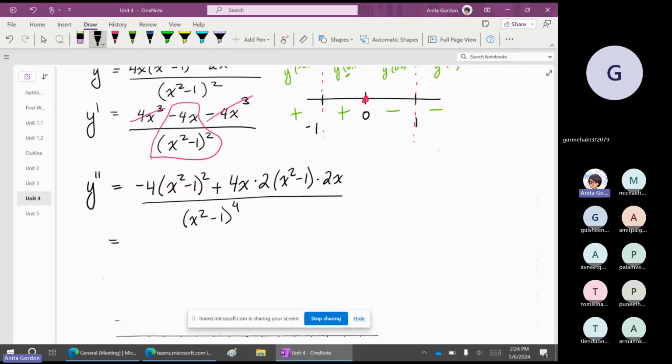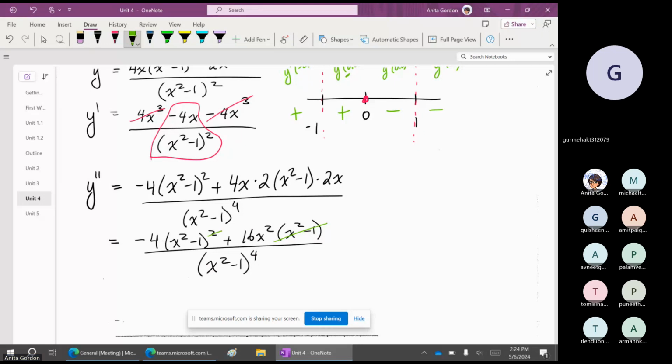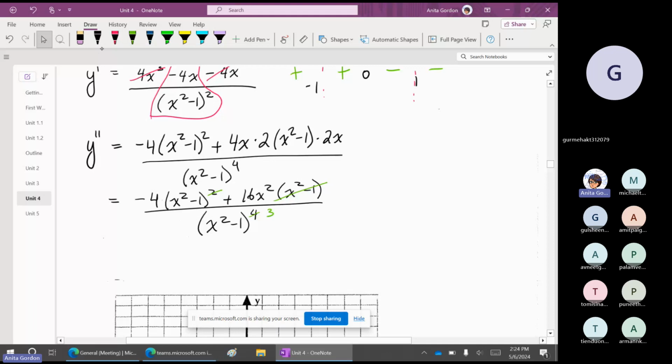Is it worth me expanding it? I don't know. Let's just try not for a second. x squared minus 1 all squared plus 4 times 2 times 2 is 16x squared, x squared minus 1, all over x squared minus 1 to the 4. I can reduce by 1. Not the prettiest thing, but as simple as I think this is going to get.